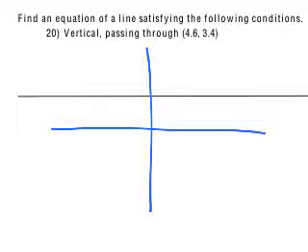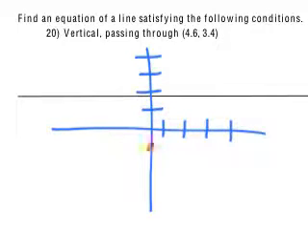Okay, so where would 4.6, 3.4 be? Well, 4.6 is going to be positive. So 1, 2, 3, 4, and 0.6 would be about halfway to 5, somewhere around there.